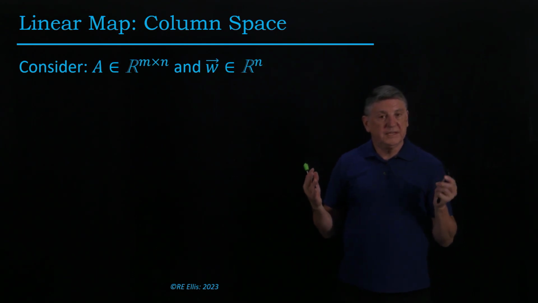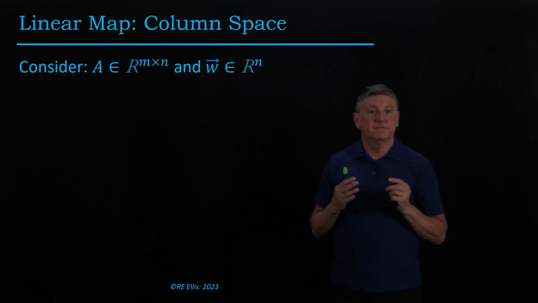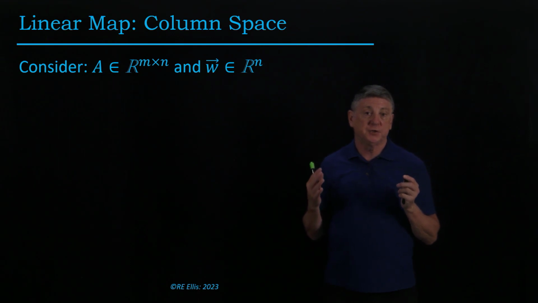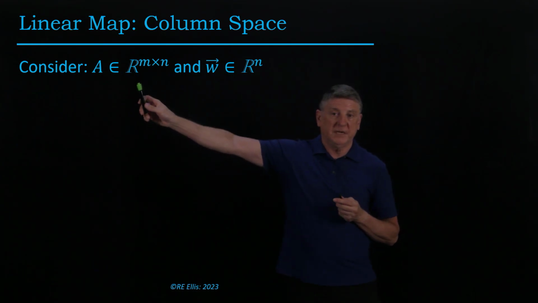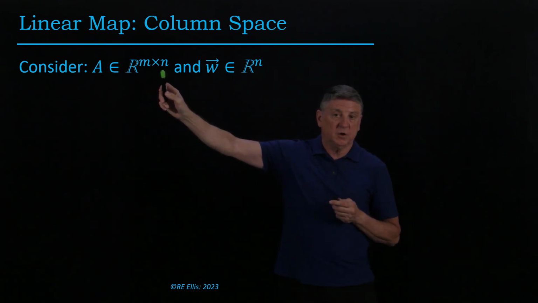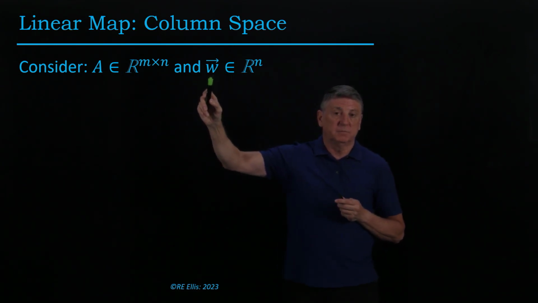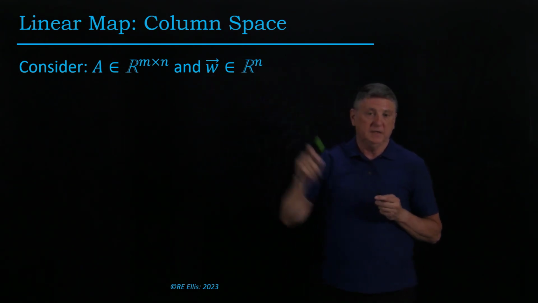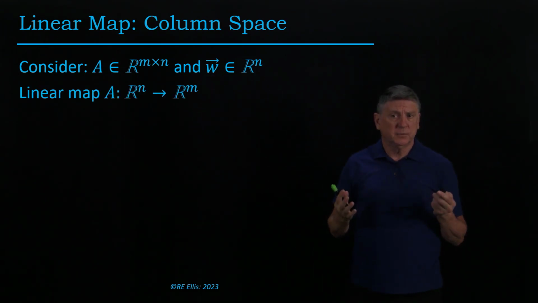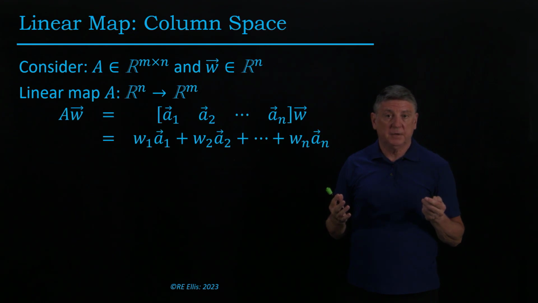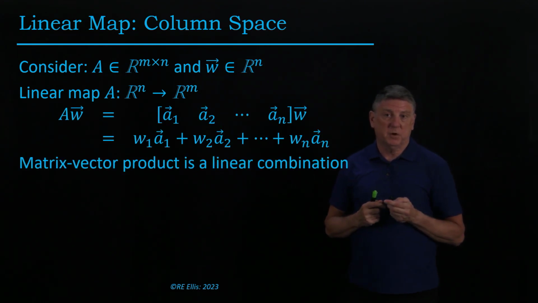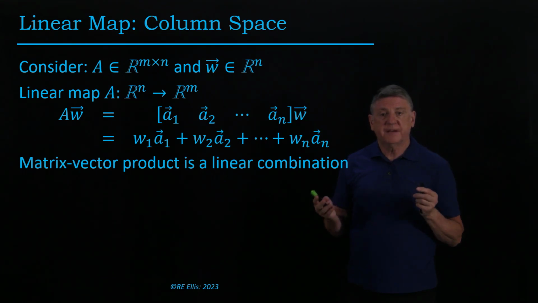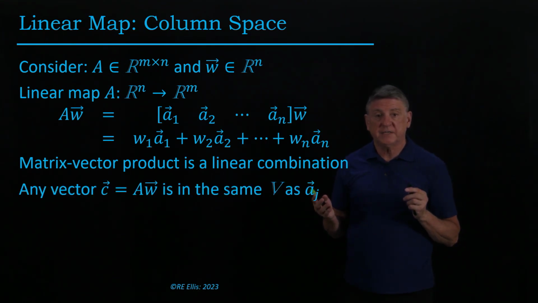So this starts to bring in the first of the major vector spaces that we'll associate with a matrix. So suppose we have a matrix, m rows and n columns, and we have some W vector that's in the domain. We can consider A to be a linear map, and we can write it in various ways, as we've just recalled. So the matrix vector product is a linear combination.